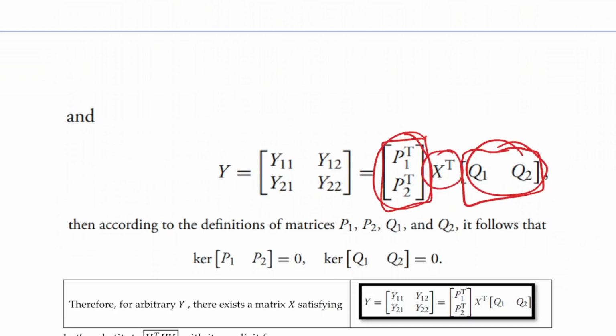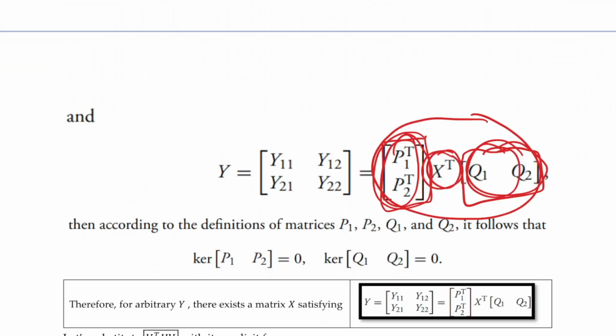So X matrix, right? And so you can consider this as a type of transformation. X is being transformed by using these two matrices. For example, we're familiar with the idea of similarity transformation, right? And there are other versions of similarity transformation, and so this is kind of like that.